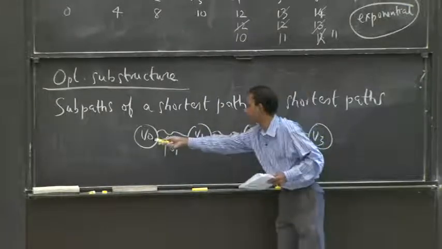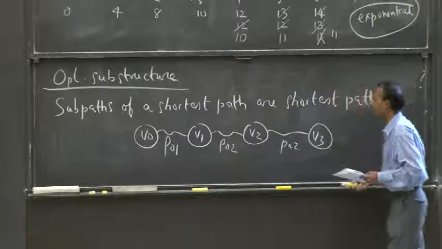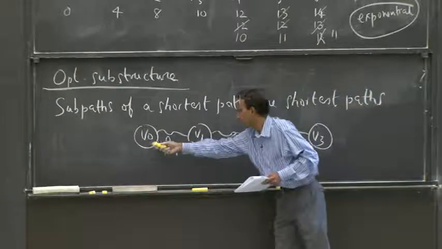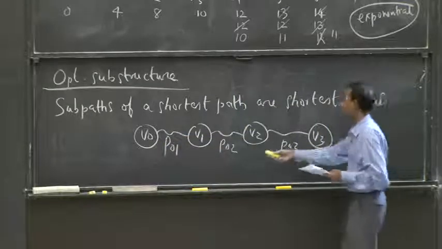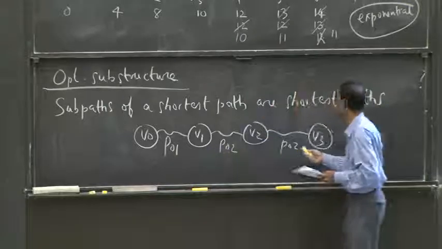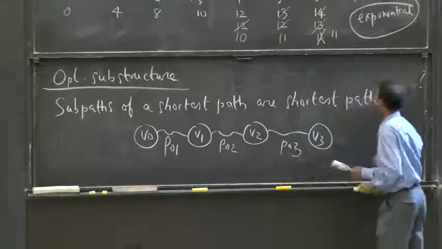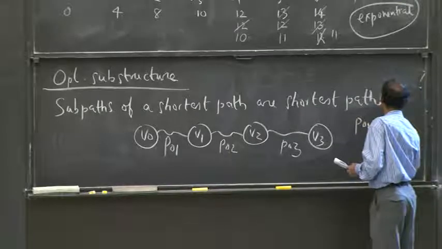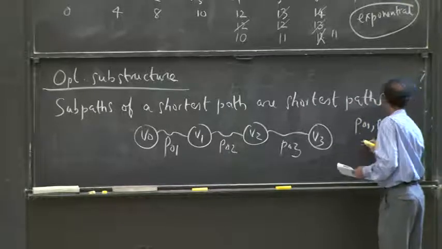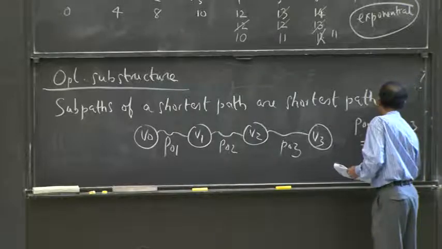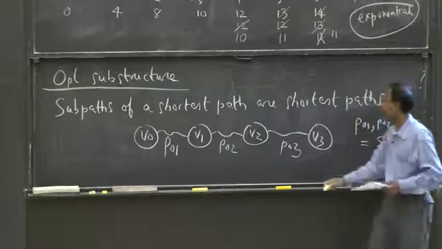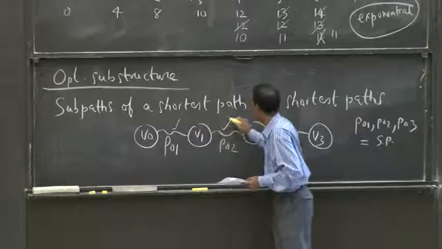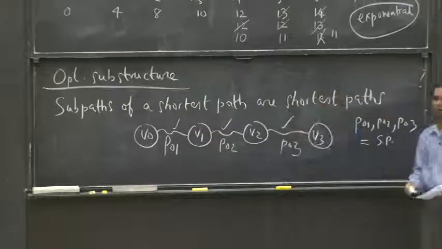And so there are many vertices potentially between them. And if you tell me that V0 through V3, the concatenation of P01, P02, and P03, is a shortest path, if this is an SP, shortest path, then that implies that each of these are shortest paths as well, right?